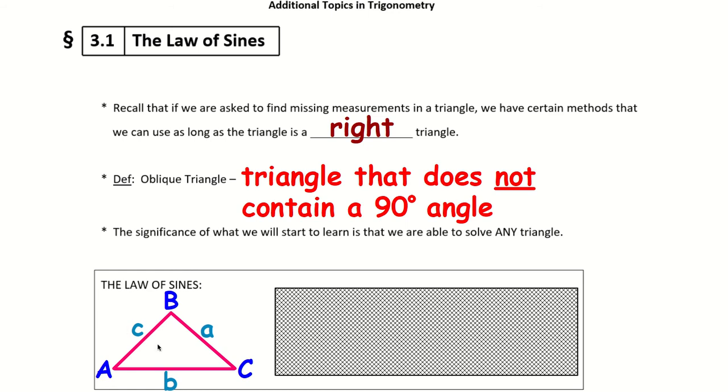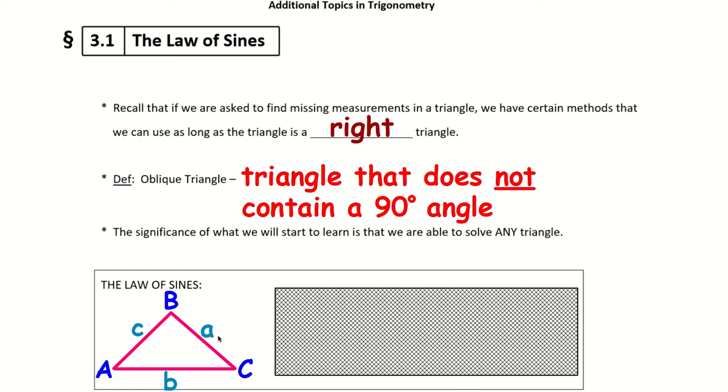So consider this picture right here, just some random triangle, and it's labeled like so. We have all the angles labeled A, B, C. So angle A, angle B, angle C, and you'll probably notice that we're using capital letters and then the sides are also labeled A, B, C. But again, notice that the sides are labeled using lowercase letters, whereas the angles are uppercase letters.